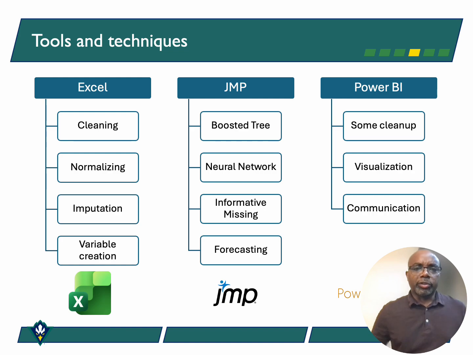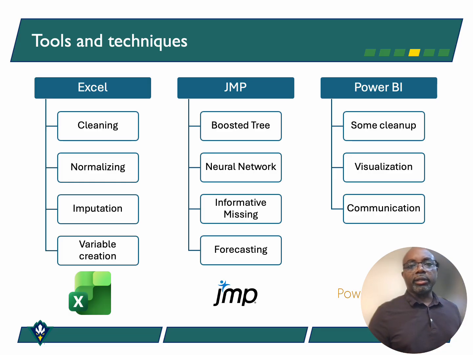Now let's go over the tools and techniques that we employed for this project. We used Excel for data cleaning, normalizing, and imputation, JMP software for modeling, and Power BI for visualization.